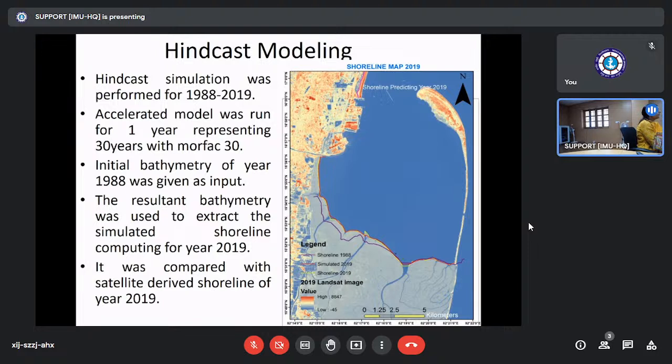The resultant bathymetry was obtained as the simulated bathymetry for year 2019, and the result is compared in this image. This is a remote sensing image of year 2019, where the simulated shoreline of year 2019 is compared with the satellite imagery of year 2019.